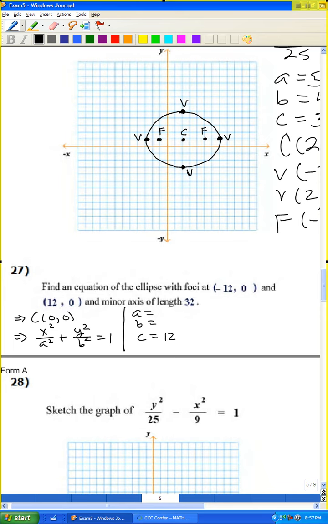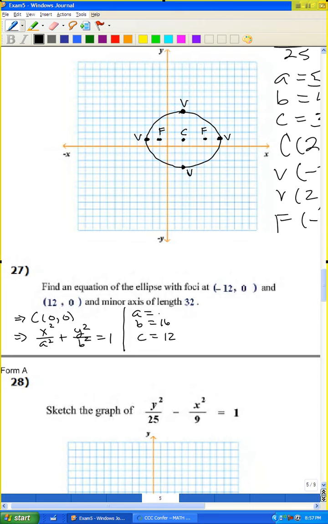The focal axis is in the x direction, so the minor axis is in the y direction, and that involves B. The minor axis has a length of 32, so half of it is 16. Since the center is at the origin, B is 16.